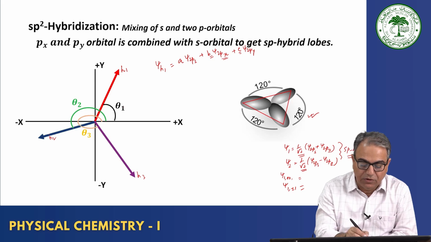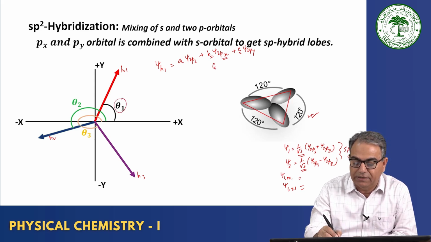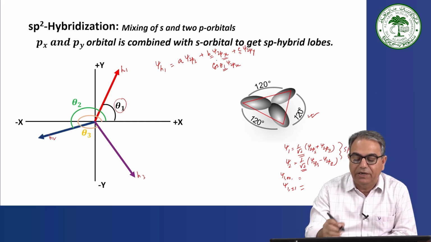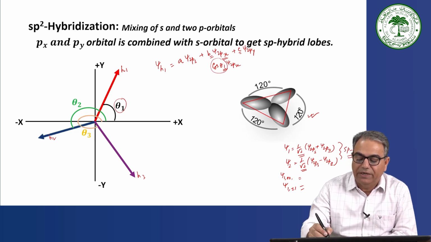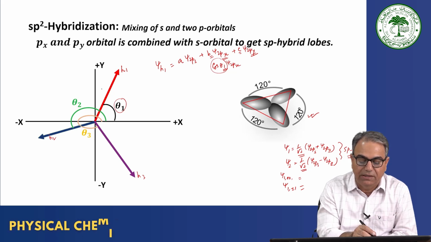If you have the theta 1 value, you can find the coefficient B. In the same way you can write the component of psi 2py along H1. 2py is this one, so the component of this along H1 you can write.